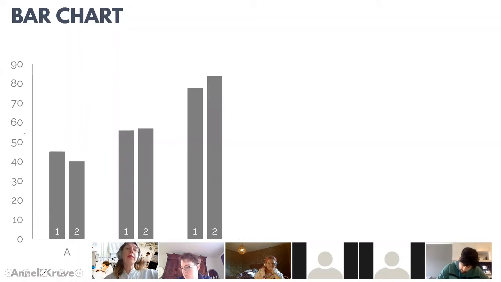So bar charts are this kind of chart where we have different bars, and we can use the placing of the bars to compare different values.